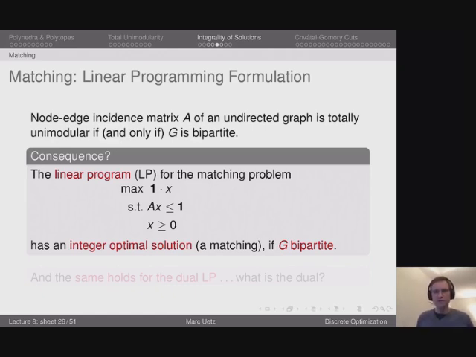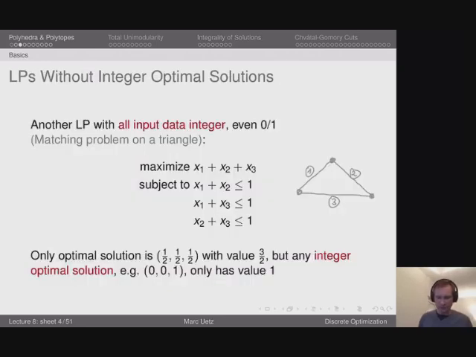So that is true if the graph is bipartite. And we already know that this is not true if the graph is not bipartite, right? We had this example already on one of the first slides of the lecture. When we look at the same linear programming formulation for this triangle, for instance, we have already seen that there exists an optimal solution in which each of the edges is chosen with value 1/2.